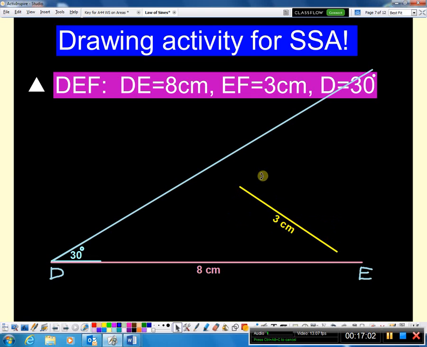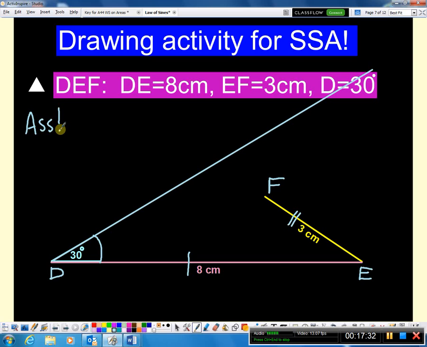Do you see, I don't know if I've done enough, but do you see it doesn't matter at what angle I position the 3 centimeter side, I am never going to get it to touch the blue side that I drew really, really long. So the problem is that sometimes when you're given angle, side, okay, so again, you need to remember, if you ever see angle, side, it's a donkey problem.